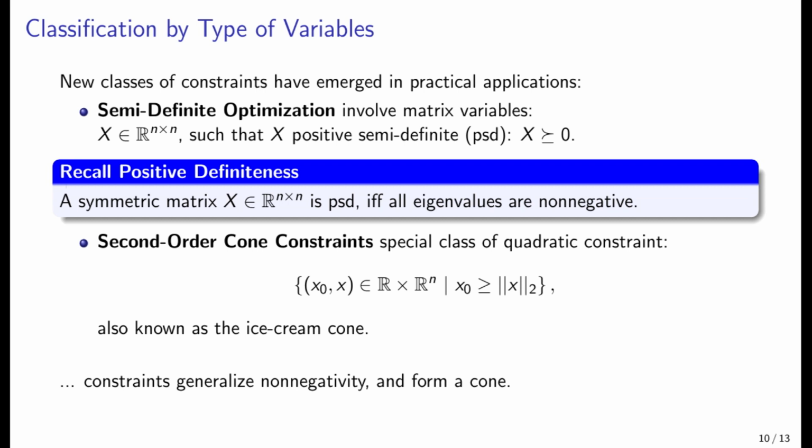And so these have very special structure where you divide the continuous variables up into two sets in this cone. There's a sort of x0, a single one, and then all the other x's. And that's also known as the ice cream cone. And there's a nice generalization that this generalizes non-negativity to these cone constraints, which then allow to give good relaxations, for example, of power grid problems.